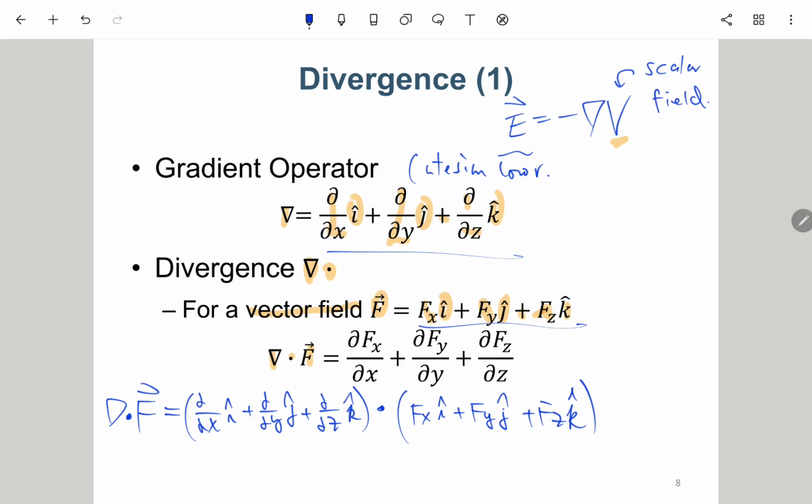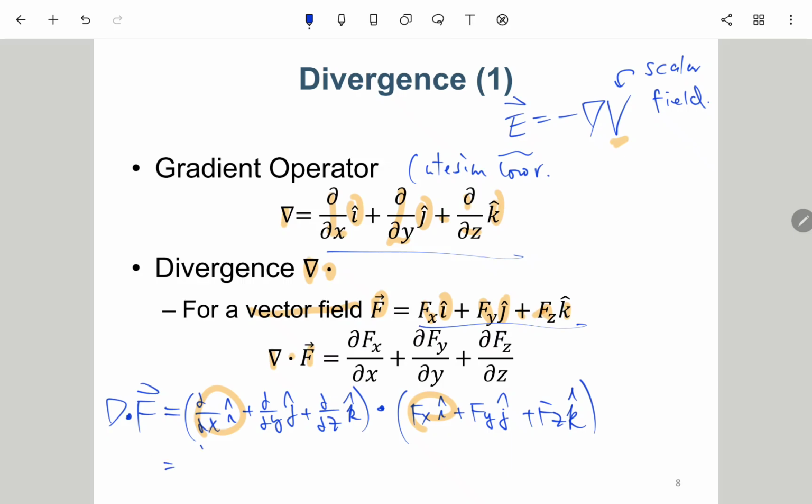So you need to expand it, but hopefully, as we have already learned, i dot i will be 1, j dot j will be 1, k dot k will be 1. Otherwise, it will be 0. i dot j will be 0. i dot k will be 0. Which means that only i dot i will be 1.